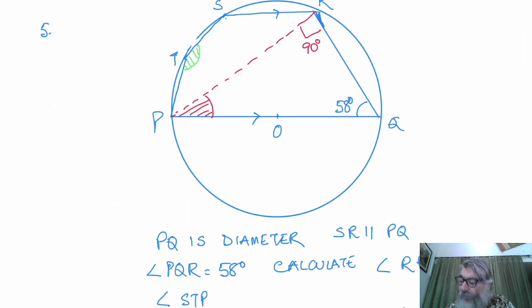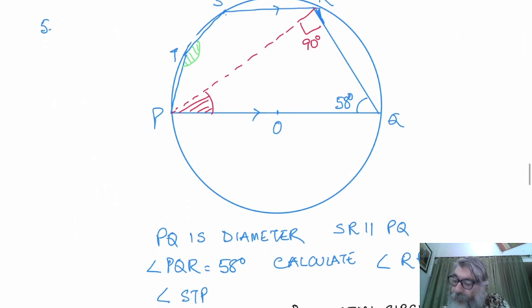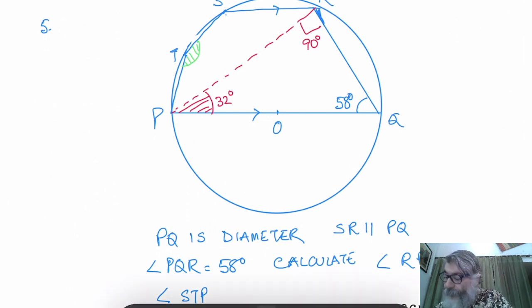So 90 minus 58: 90 minus 50 is 40, 40 minus 8 will be 32. This angle comes out to be 32. Is that clear? Now this angle will also be 32.